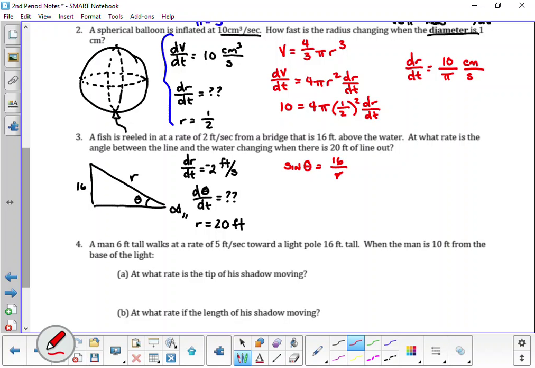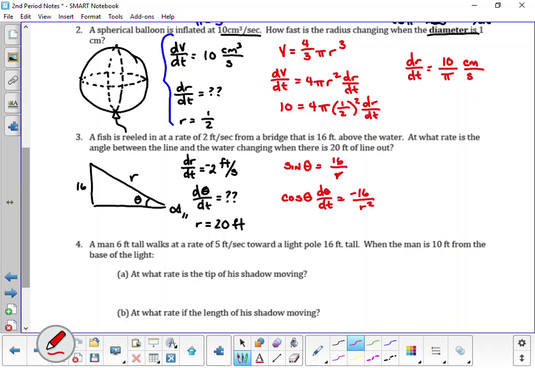Okay, derivative of sine is cosine theta. We need a d theta/dt because we took the derivative of theta by chain rule. And then 16 over r, you could do quotient rule, which is fine, but not smart. You should just make this 16r to the -1, so it would be -16 over r squared, right?